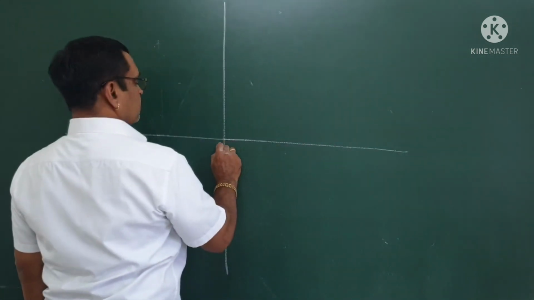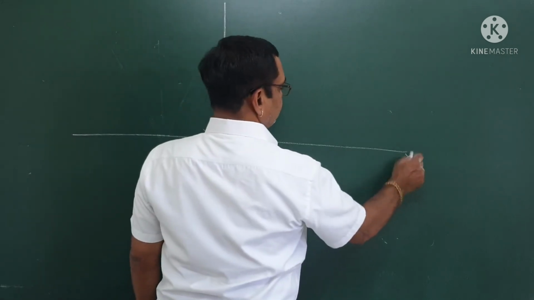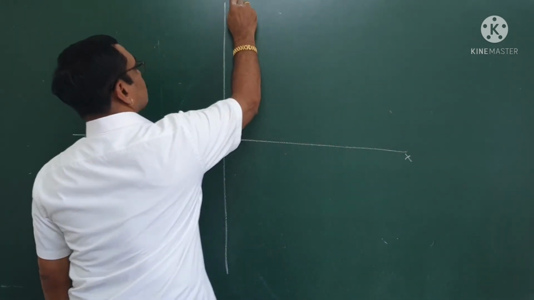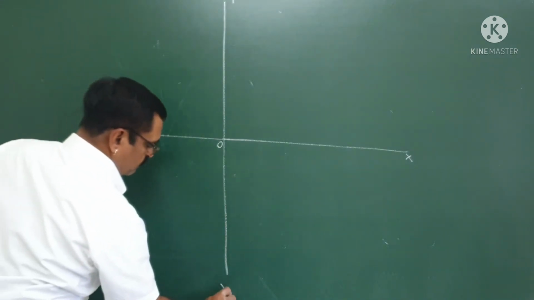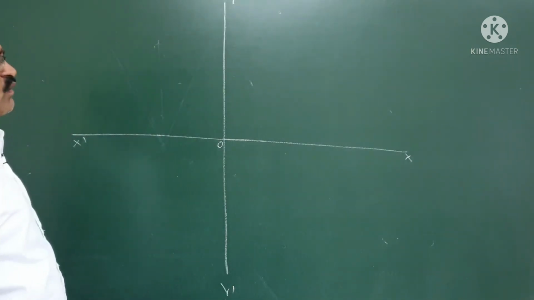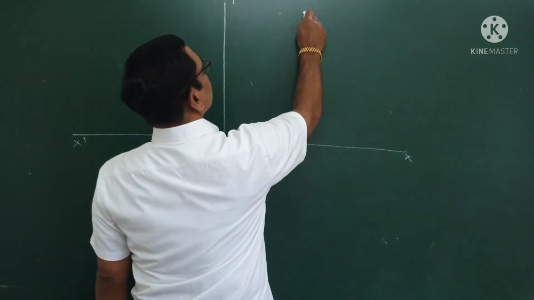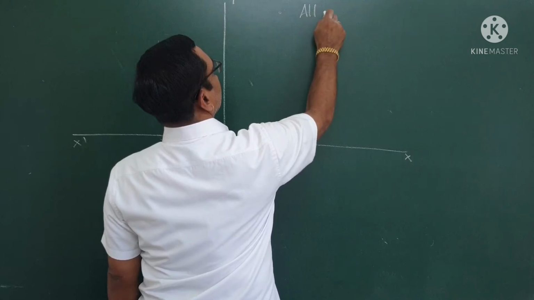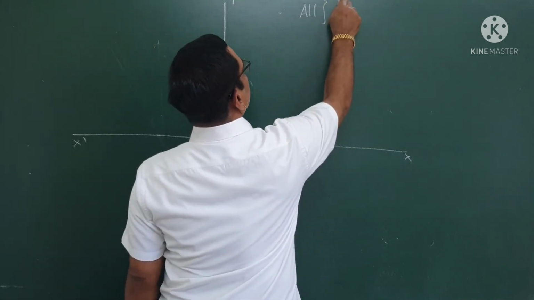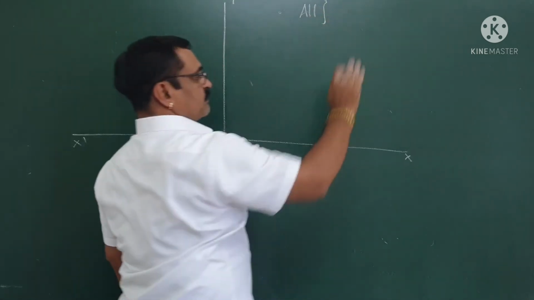This is my positive x-axis, negative x-axis, negative y-axis. And you know very well that in this first quadrant, all the ratios are positive. That means all are positive.